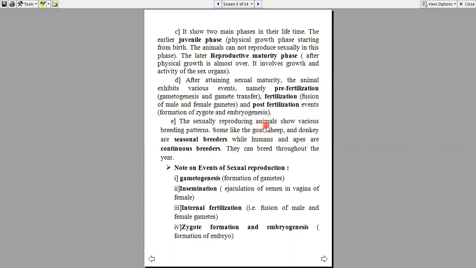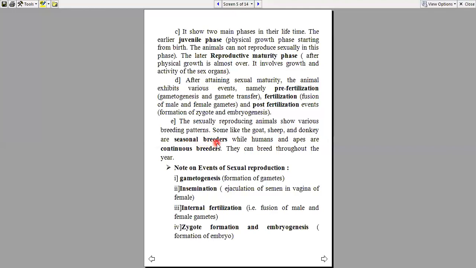The sexually reproducing animals show various breeding patterns. Now, what do you mean by breeding patterns? A breeding pattern means the period which is favorable for certain organisms to reproduce or breed. For example, goat, sheep and donkey are seasonal breeders.